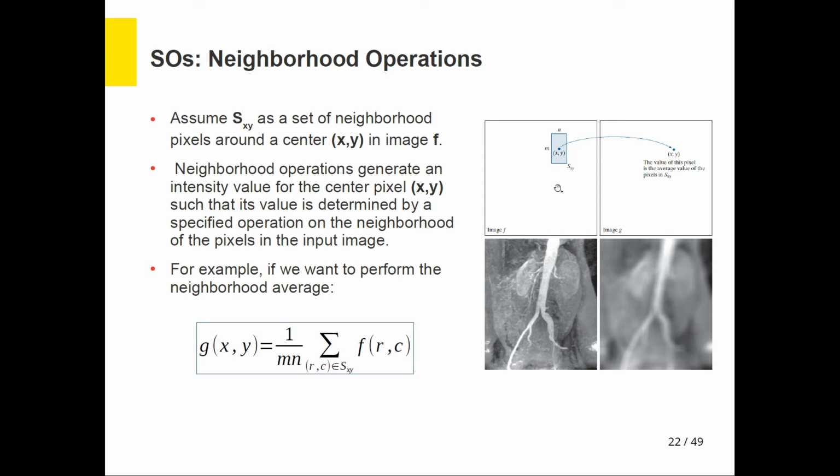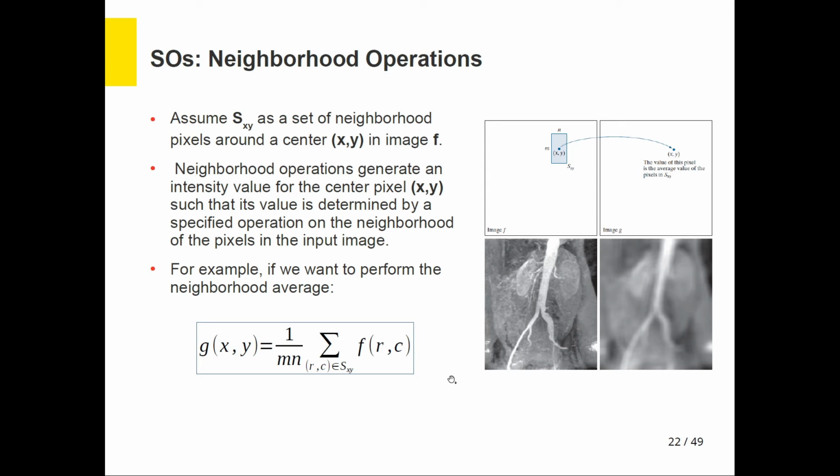Neighborhood operations generate an intensity value for the center pixel such that its value is a mathematical operation, for example, of all the pixels in that neighborhood. After doing that mathematical operation, the new intensity value for the center pixel is computed and then placed in the corresponding location in image g.